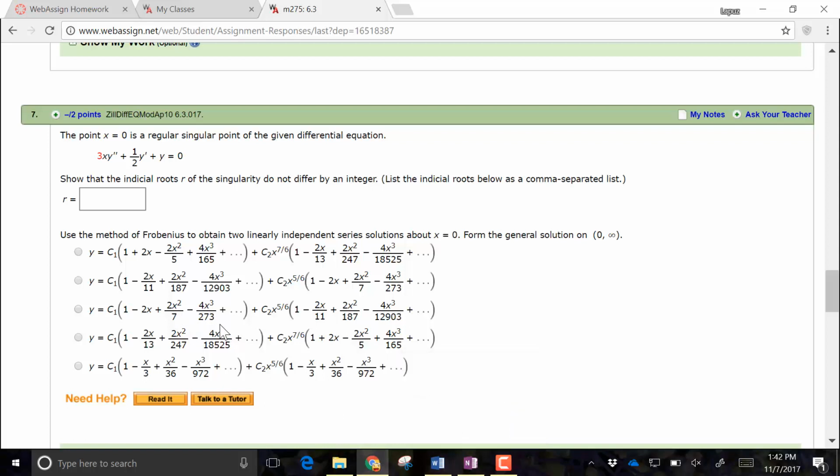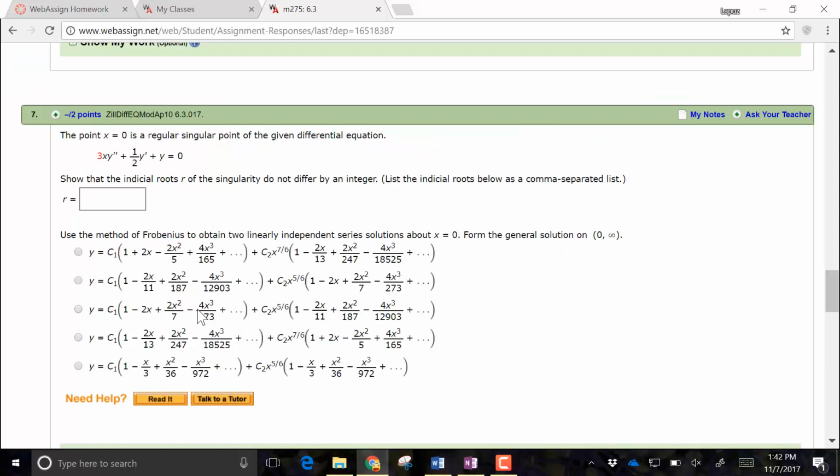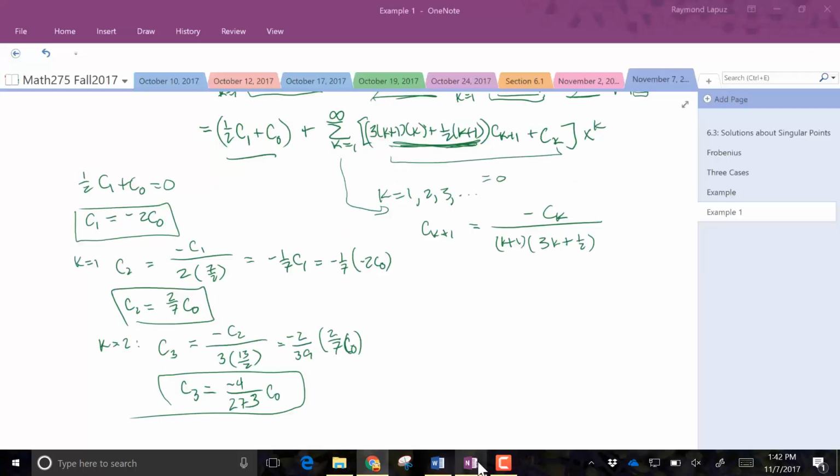It means I have 4 over 273. Oh, it is here. Okay. It's negative, right? Negative 4 over 273. And that's the c sub 3, which multiplies x cubed.